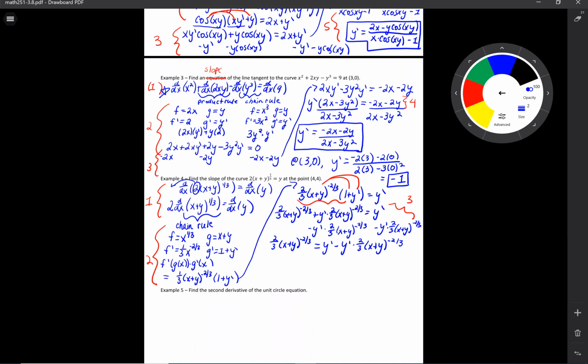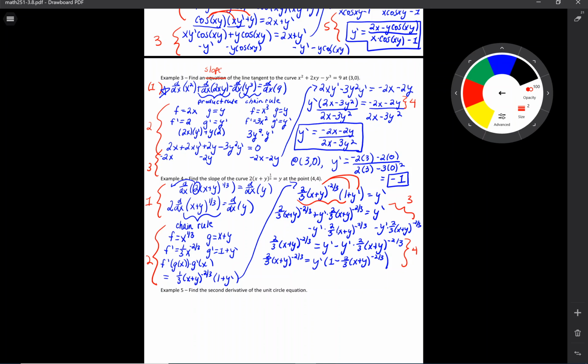Next, I need to factor out a y prime from the right-hand side. When I do that, I get 2/3 (x plus y) to the negative 2/3 equals, factoring out a y prime, y prime times (1 minus 2/3 (x plus y) to the negative 2/3). That is step 4.